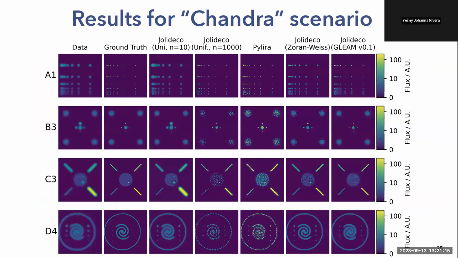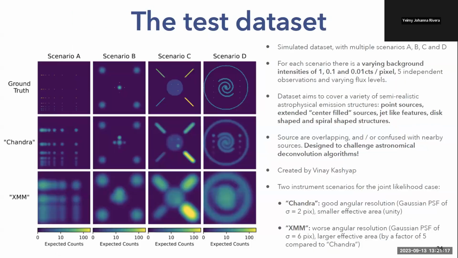Okay. Let me just show you. No, there was one thing I wanted to mention in addition. We've simulated the data for two instrument scenarios. One would be Chandra. This includes a Gaussian point spread function with a sigma of about 2 pixels. And then we had a scenario for XMM.